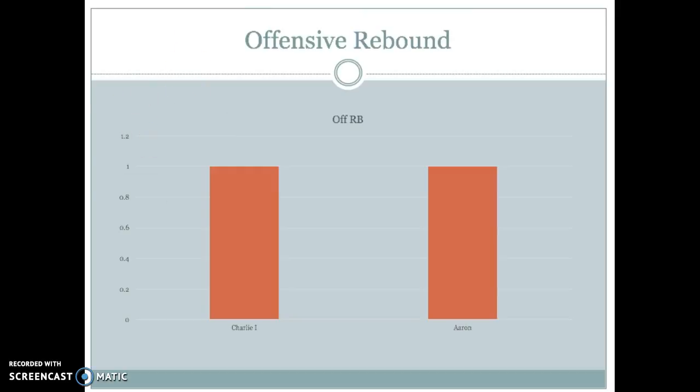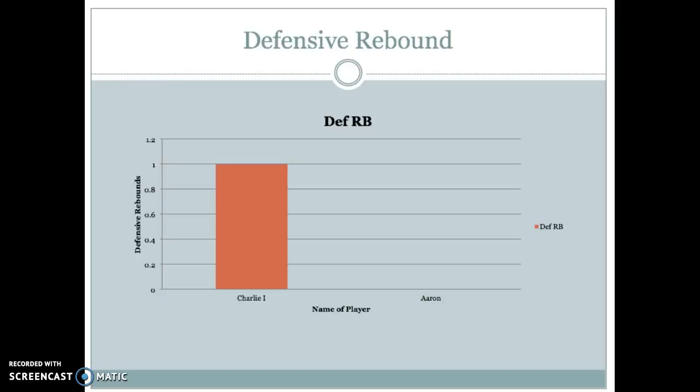So the offensive rebounds with the 2 performers that we've measured, Charlie Inkpen and Aaron: on the offensive rebound you can see that they've just got 1 each. They're equal there. On the defensive rebound, Charlie has 1 and Aaron has none, so it's 1 more than Aaron.